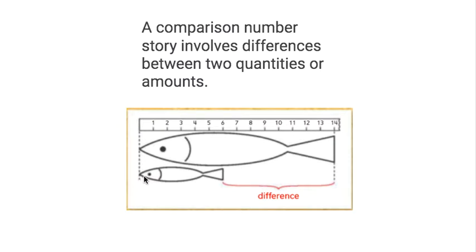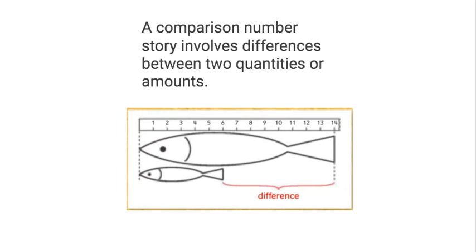And then we see fish B, right? He's 6 inches, and we can see that right there. And so right here where it says in red the word difference, we can see all the space in between from 6 to 14. That's going to be the amount from 6 to 14. That's the difference between the two quantities. That's going to be how much bigger fish A is than fish B.